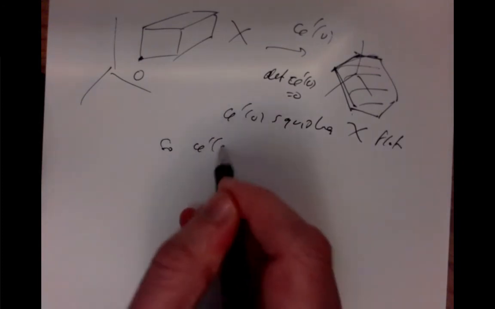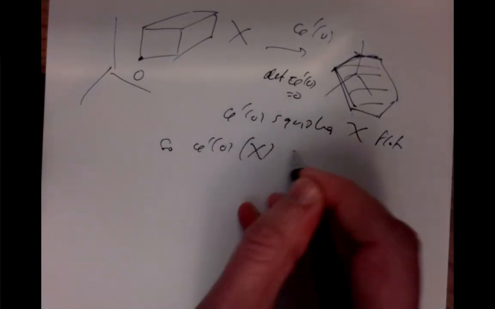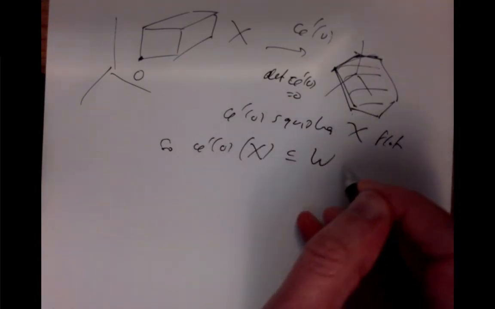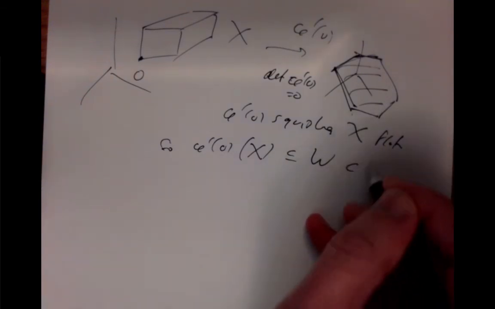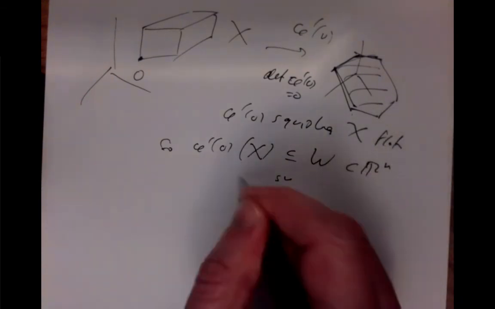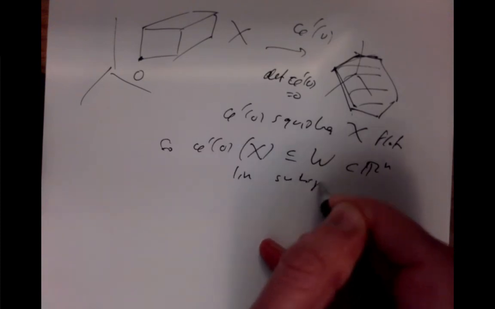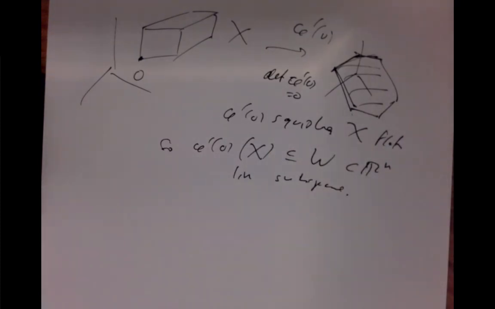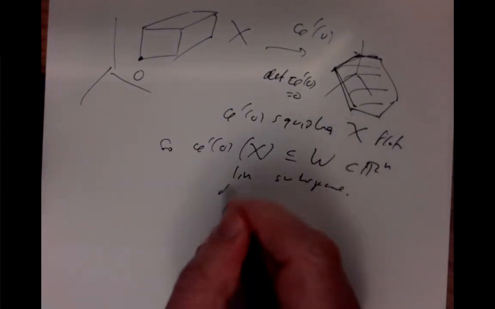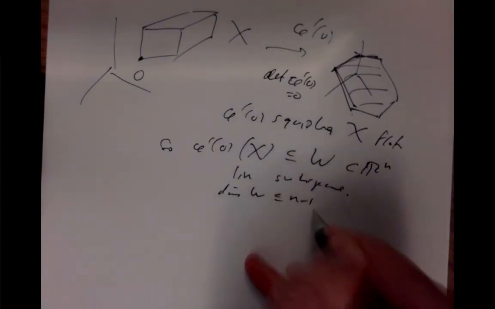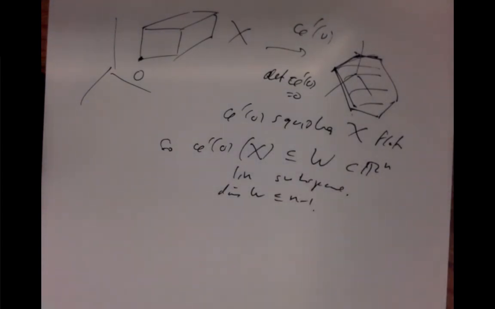So phi prime of 0 applied to the box x lies in some W, some linear subspace contained in R^n. We've squished the box flat, so the dimension of W is less than or equal to n minus 1. It's a smaller dimensional subspace.